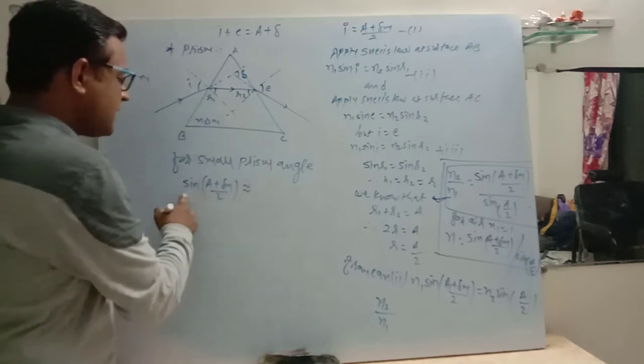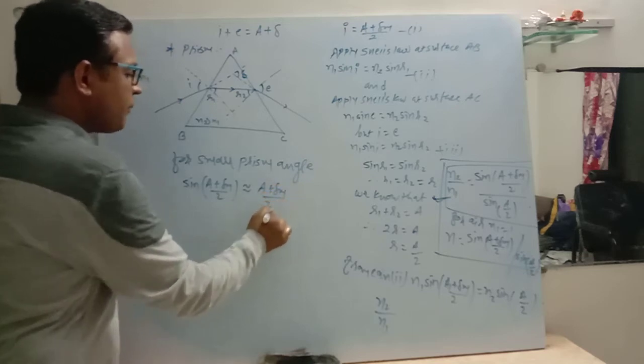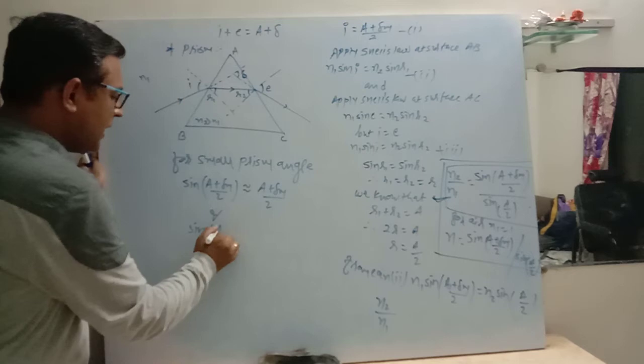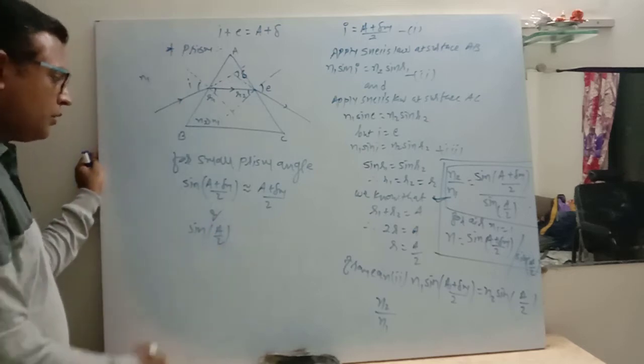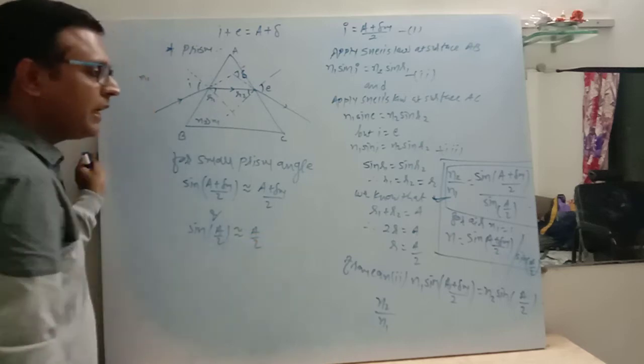At that time we can say sin theta approximately theta, then it is A plus delta m by 2. And prism angle small है तो A by 2 भी small होगा, that's why approximately A by 2.